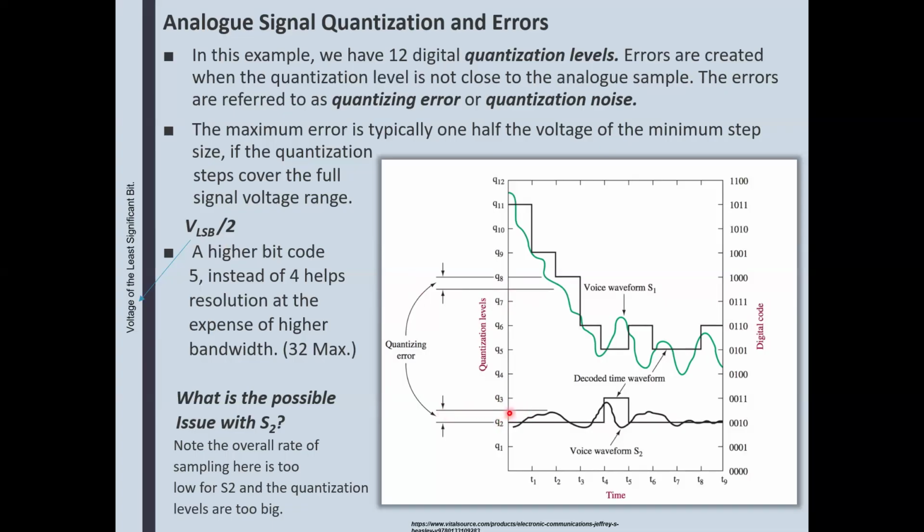Half of the least significant bit should fall within the sampling or the quantization, which is assigning a specific value. And when things are between, it could snap onto that one, it could snap onto that one. Right?